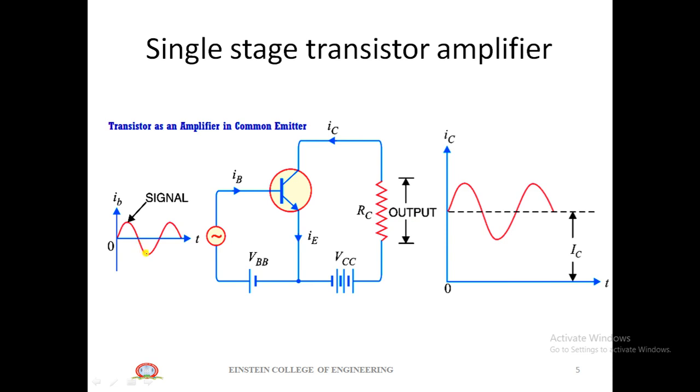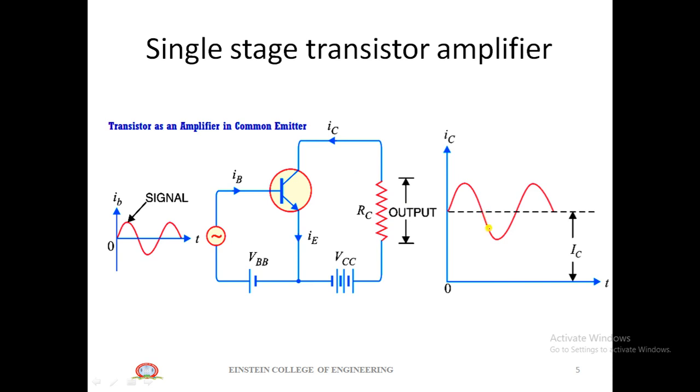During the negative half cycle on the input side, the forward bias voltage across the base emitter junction is reduced. Then the base current is reduced and the collector current is also reduced. If the collector current is reduced, the voltage across the load resistance is also reduced.